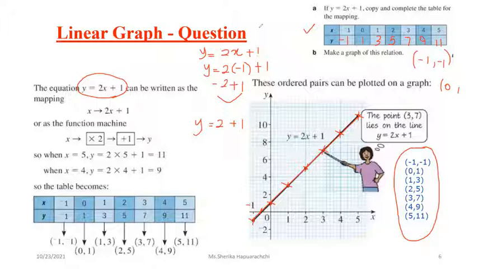M stands for gradient and C stands for intercept, and then we identified how to find the gradient and the intercept by using the equation, and how to identify the gradient by using the graph, and finally we identified to get the gradient by using the 2 coordinates. And then I have done kind of a mixed question, when I give the equation, how to complete the table and how to plot the points and how to complete the graph.